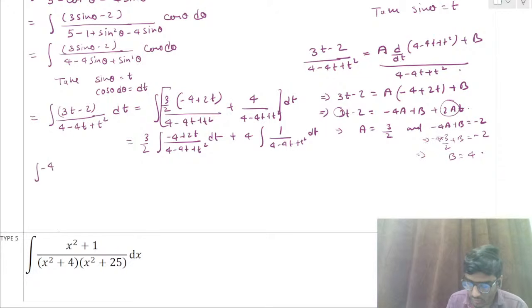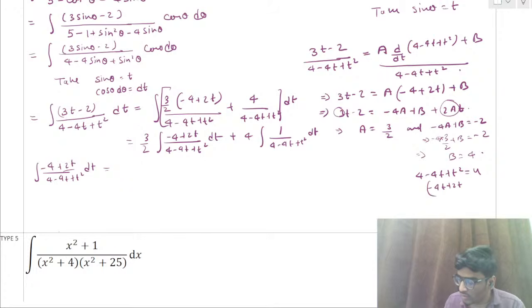So the integral of 2t minus 4 upon 4 minus 4t plus t square dt. If we take this term 4 minus 4t plus t square as u, we will get minus 4 plus 2t dt is equal to du.